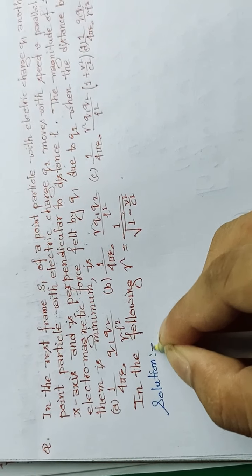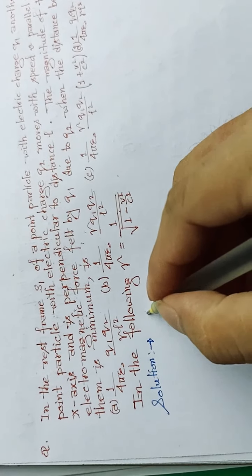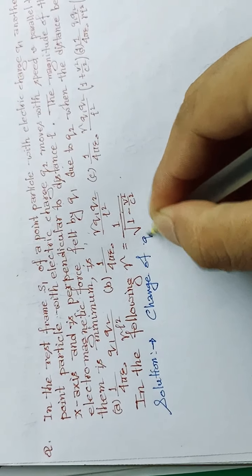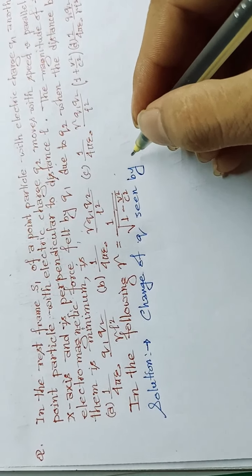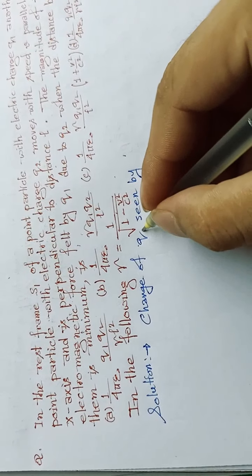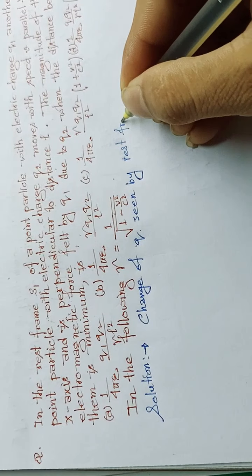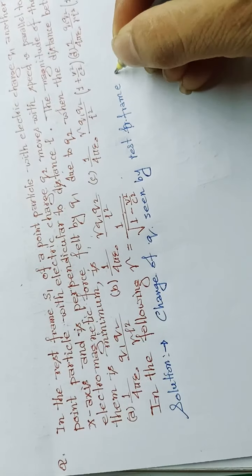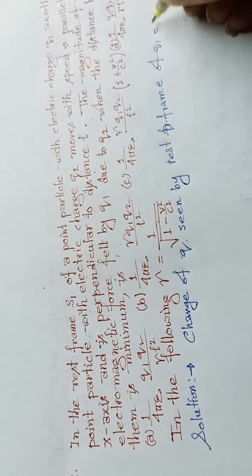For solving this question, the charge of Q2 seen by the rest frame of Q1 is equal to gamma Q2.